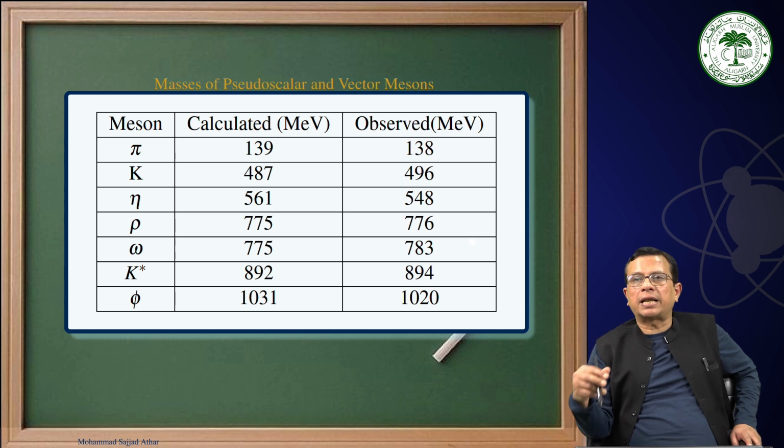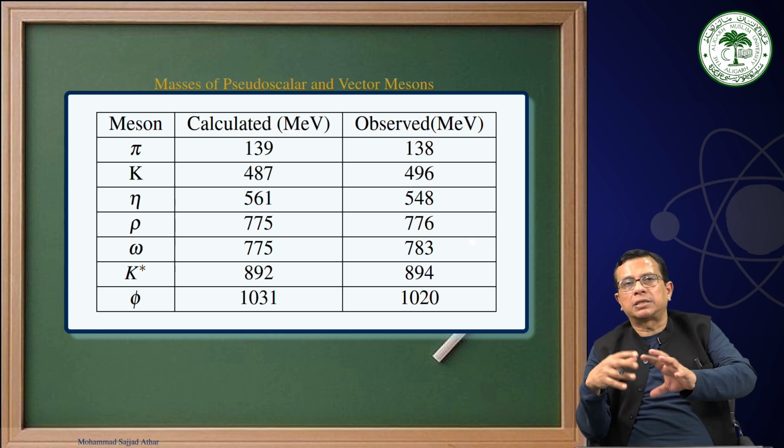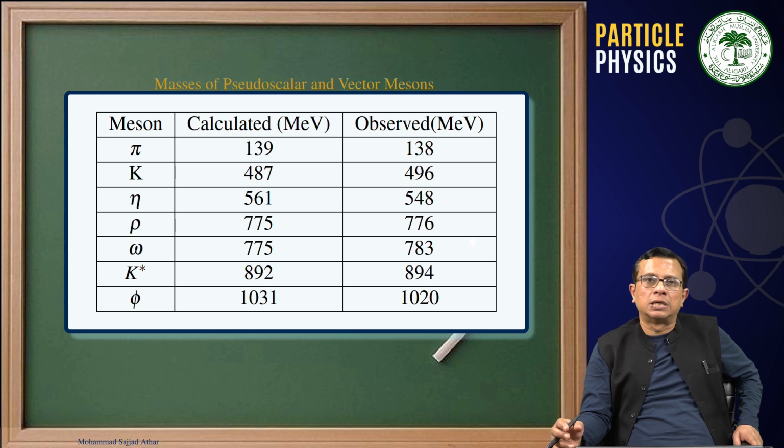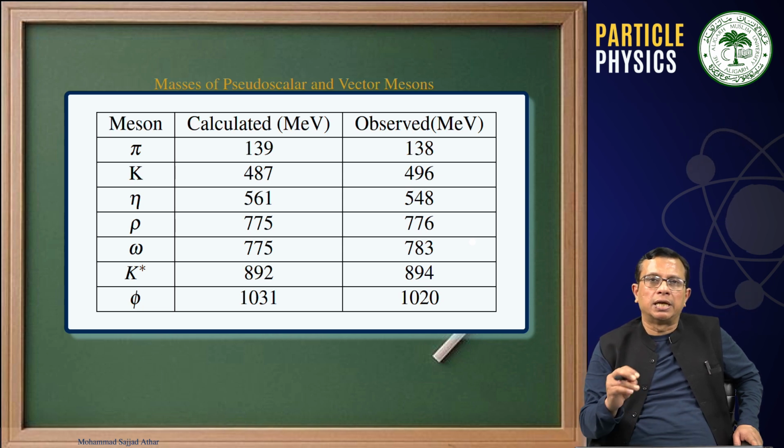Therefore, we say that like we have hyperfine structure in the case of the hydrogen atom, here we have the spin-spin interaction, which gives rise to additional energy in the case of vector mesons and a reduced energy in the case of pseudoscalar mesons.